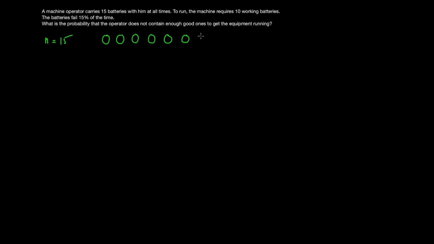So let's just finish drawing all 15 batteries. How many do we have here? 4, 8, 9, 10. And these are the 10 that are required for the machine to function. Now the other 5, I'm going to draw like this because they are just extras. So I have the 10 batteries that are required for the machine to function, and then I have the 5 extras.